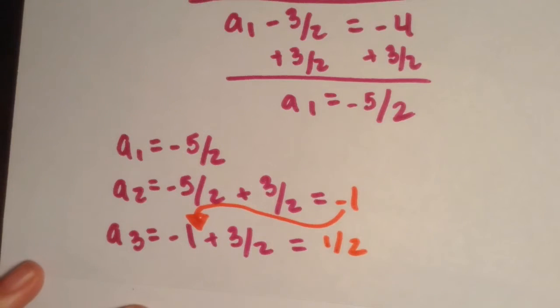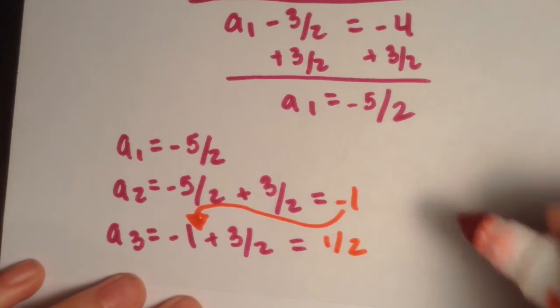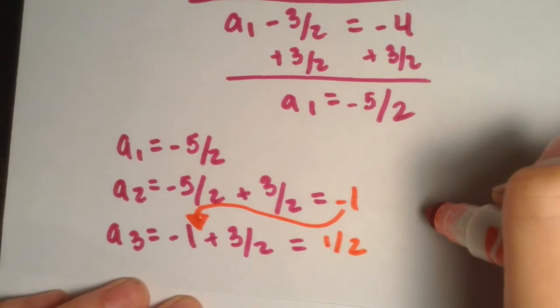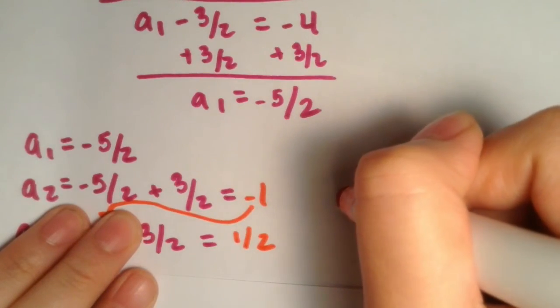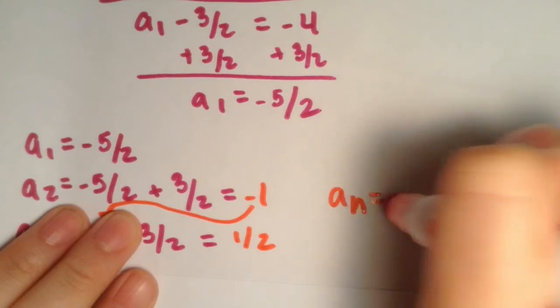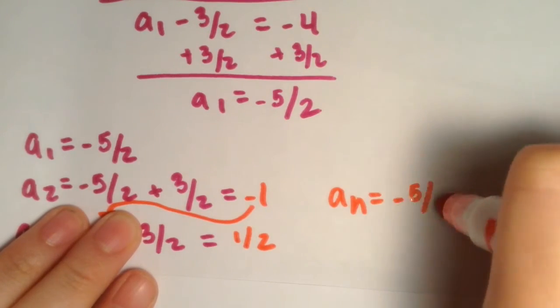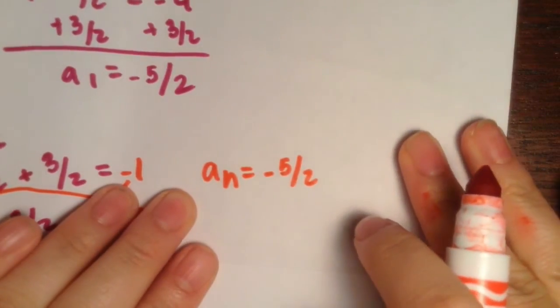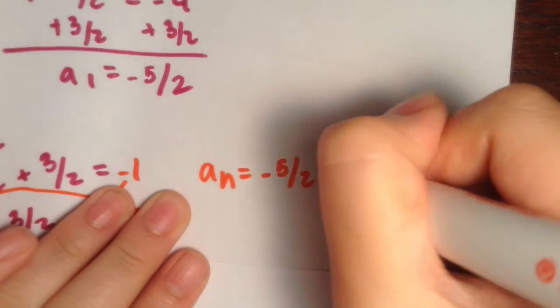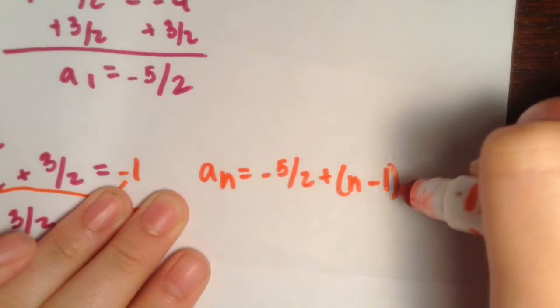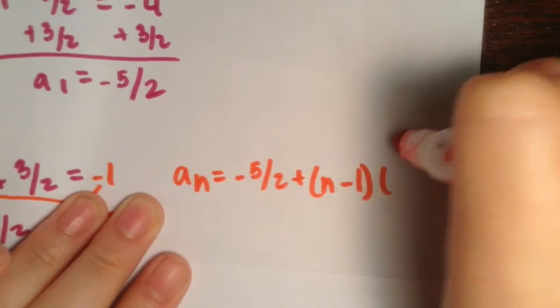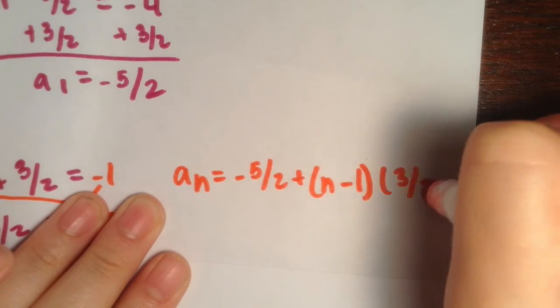Oh, and also to find the nth term, we just need to rewrite our equation. A sub n equals -5/2 plus n minus 1 times 3/2.